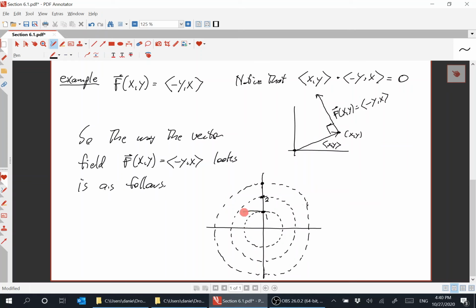So these vectors here have length 1, all tangents to the circle. These vectors here have length 2 on the circle of radius 2. And then here, these vectors have length 3, tangent to the circle.